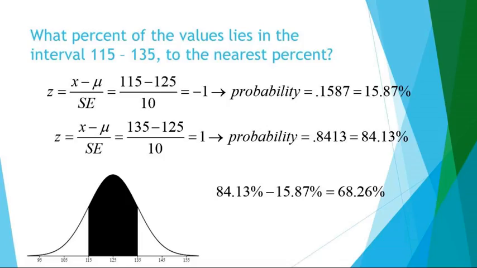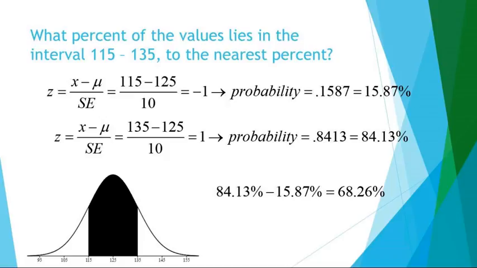So I'm calculating the confidence interval between two numbers. My first number is going to be 115. The second number is going to be 135. So I'm going to have to actually use the z-score formula twice. I'm going to use it once to find the probability from 115, and I'm going to use it again to find the probability from 135.